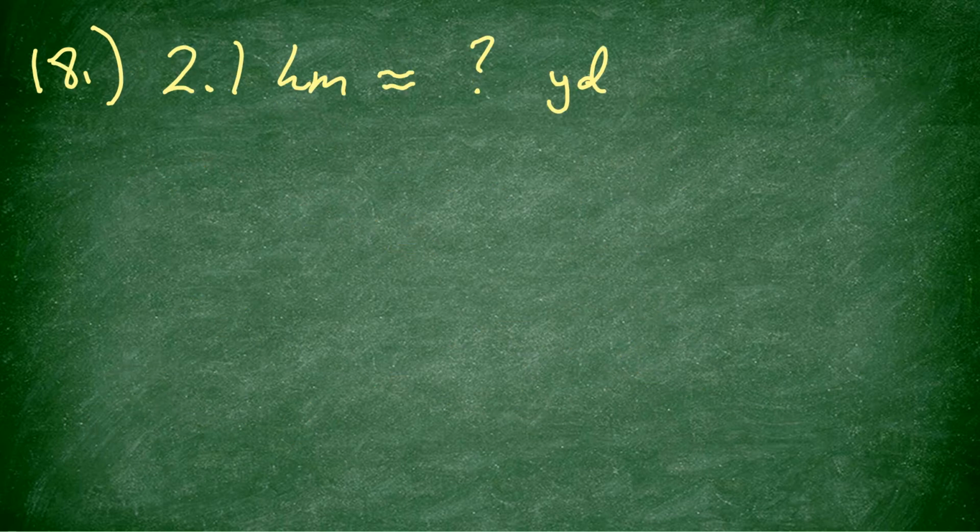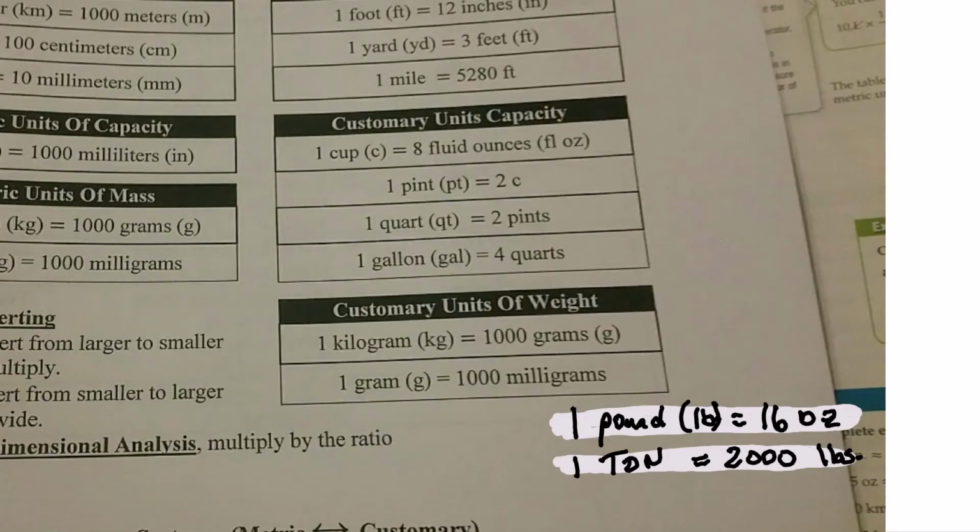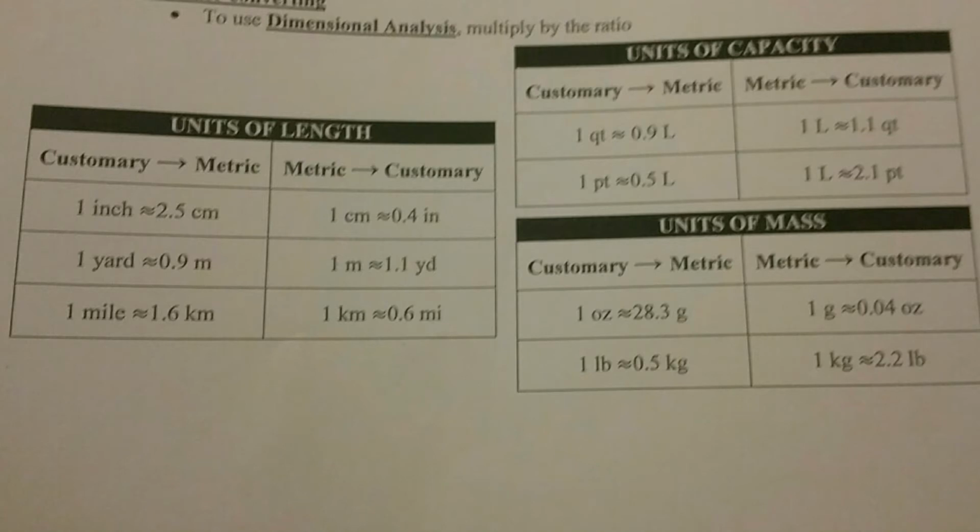All right, 18 is very similar to the last two. I don't have a kilometers to yards conversion chart. So I'm actually going to take my kilometers and turn them into meters because I have a meters to yards conversion.